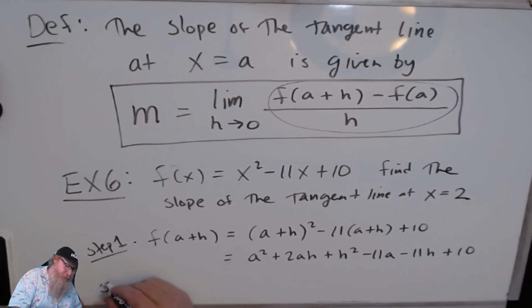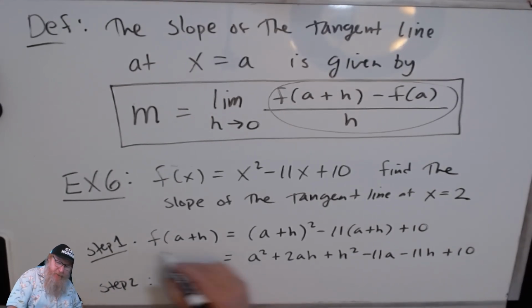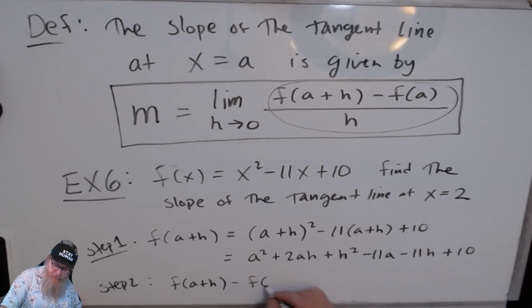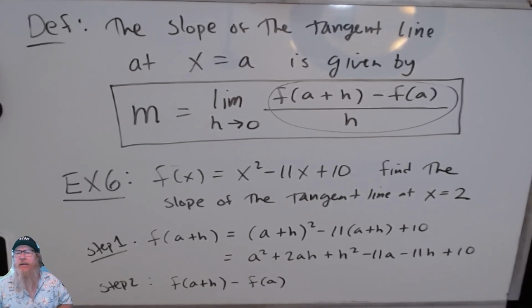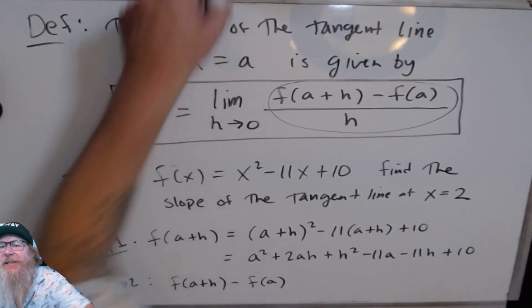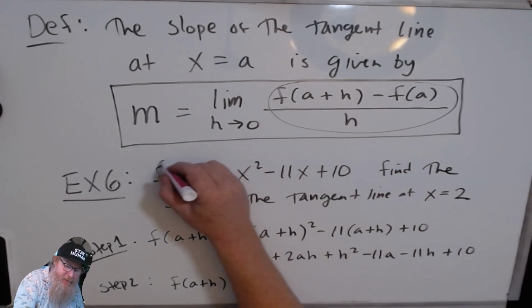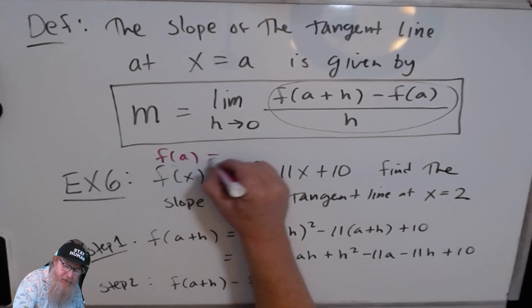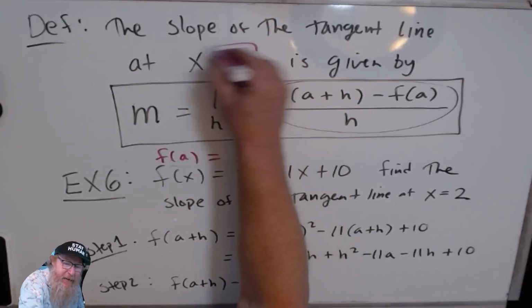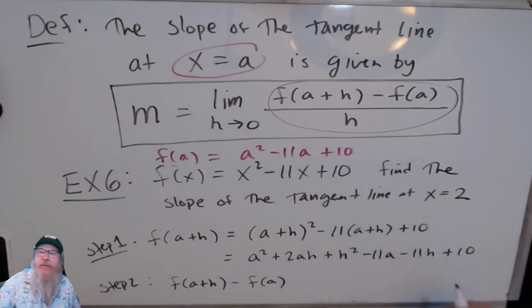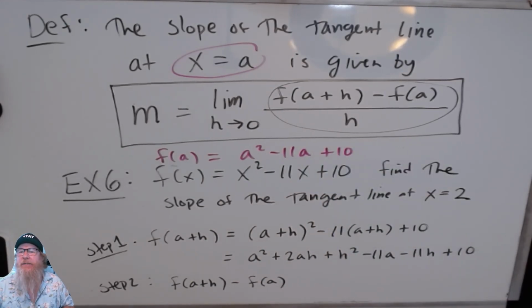All right, step 2. Subtract f of a. That's actually the easy part. F of a is just the same function here, replacing x with a. It's just plugging in whatever a is.